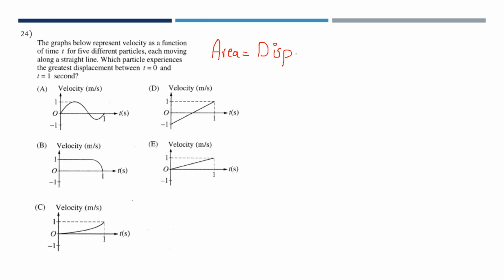So to find the greatest displacement means to find the greatest area. Don't forget that velocity and displacement are vectors, which means they have magnitude and direction. So this is a positive area and this is a negative area. D has a zero area because we have two identical triangles. Which graph has the greatest area? Yes, it's B. B has the greatest area under the curve, so it has the greatest displacement.